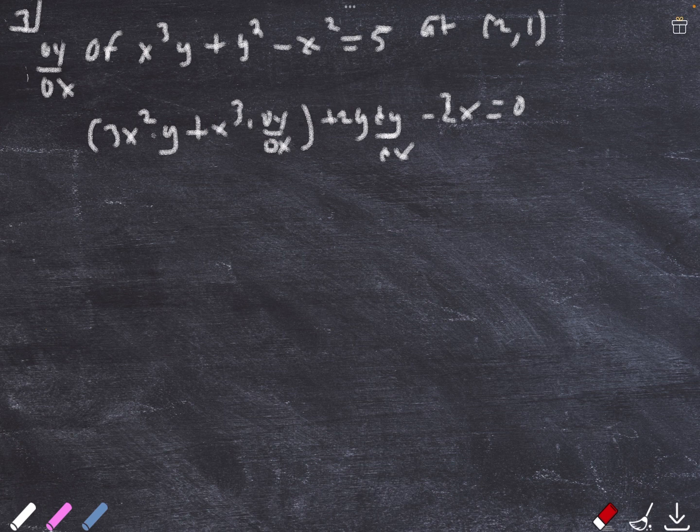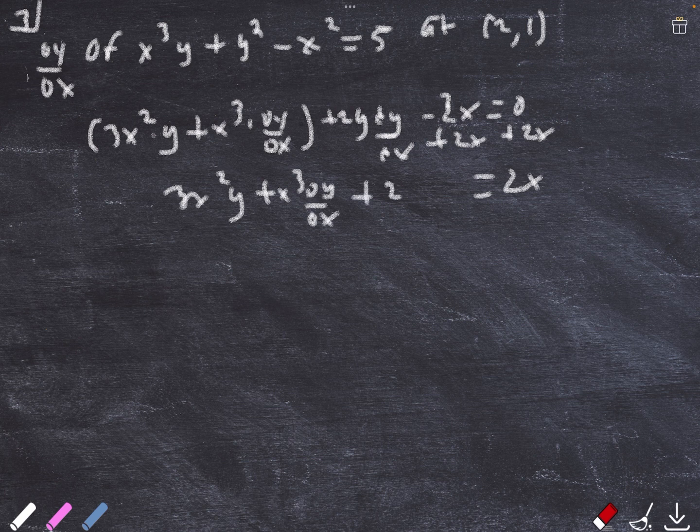So we're going to move the 2x to the other side. So simple.